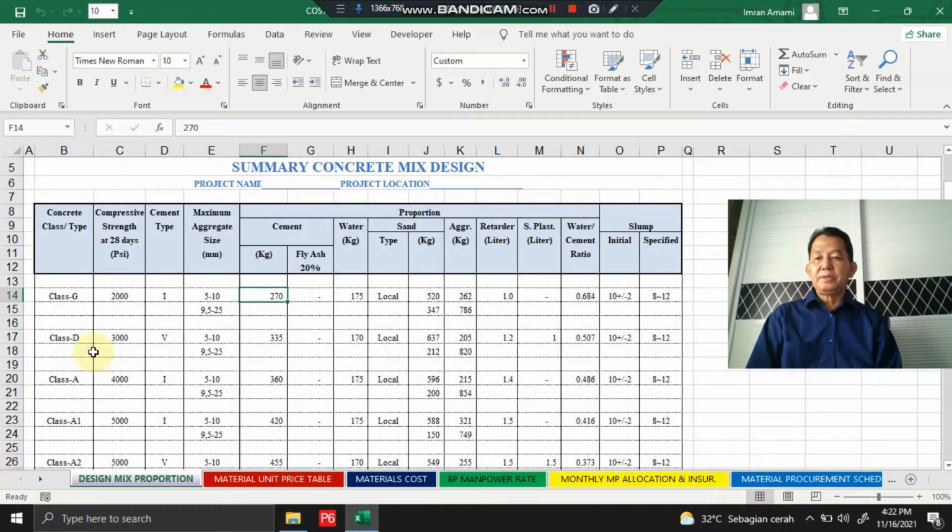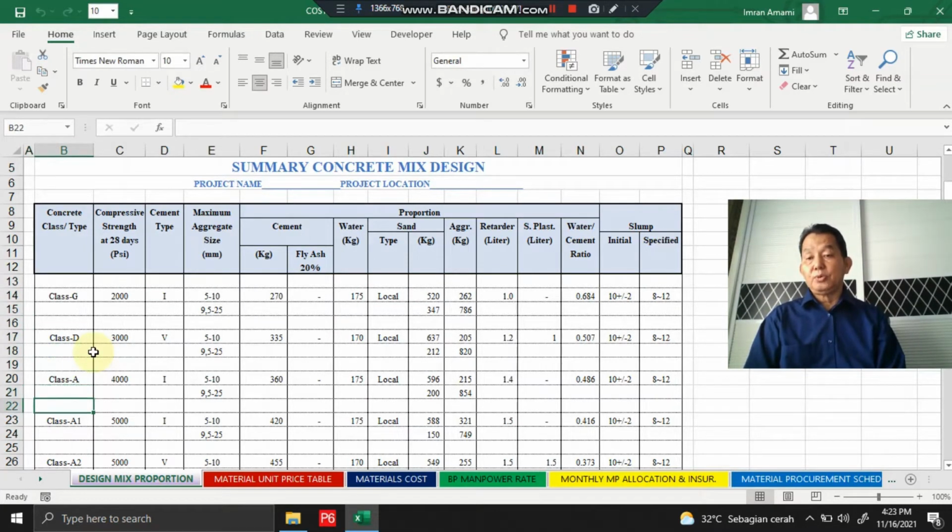For example, for class G, strength 2000 by type 1, we have material proportion for cement 270 kilograms, and for water 175 kilograms. Local sand is 520 kilograms, aggregate 262, retarder 1 liter, and water cement ratio 0.684, and then slump both initial and specified.